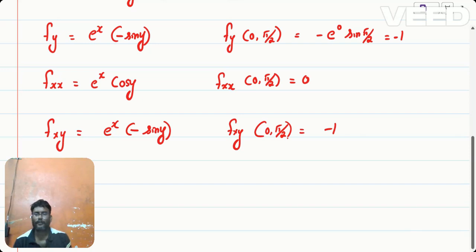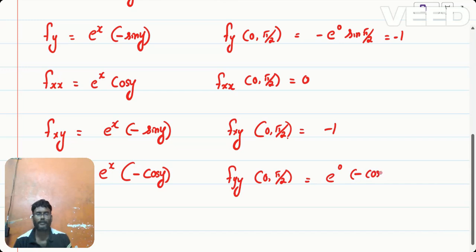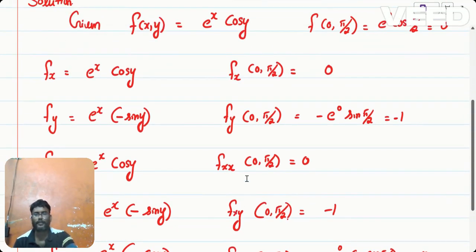Next, f yy value will be equal to e power x minus sin y, differentiating gives minus cos y, so f yy of 0 comma pi by 2 will be equal to e power x, that is e power 0 minus cos pi by 2. Again cos pi by 2 is 0, therefore it is 0. These are the second derivatives.